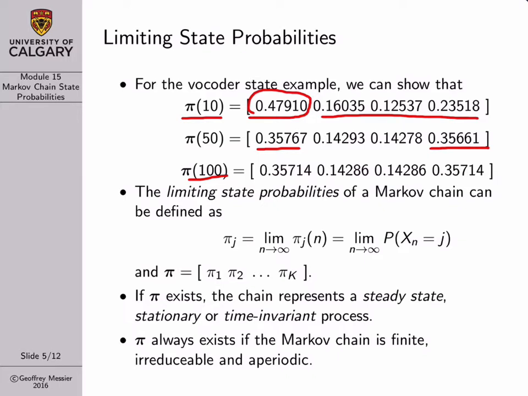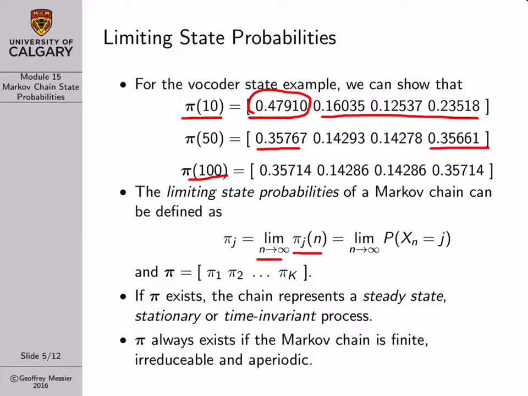The probabilities for state 1 and state 4 are equal to the number of significant figures that I'm showing in this slide, and we no longer see any influence from the initial state vector at all. And so to formalize this idea, the limiting state probabilities of a Markov chain are basically the state probabilities after an infinite number of time steps.